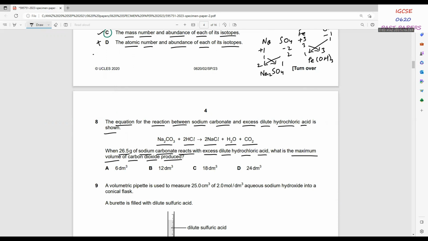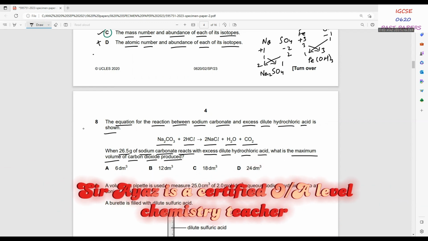Let's calculate the Mr of sodium carbonate first. You have 2 atoms of sodium, so you will multiply 2 by 23. You will get 46. 3 multiplied by 16 for oxygen, 48 will be for oxygen.